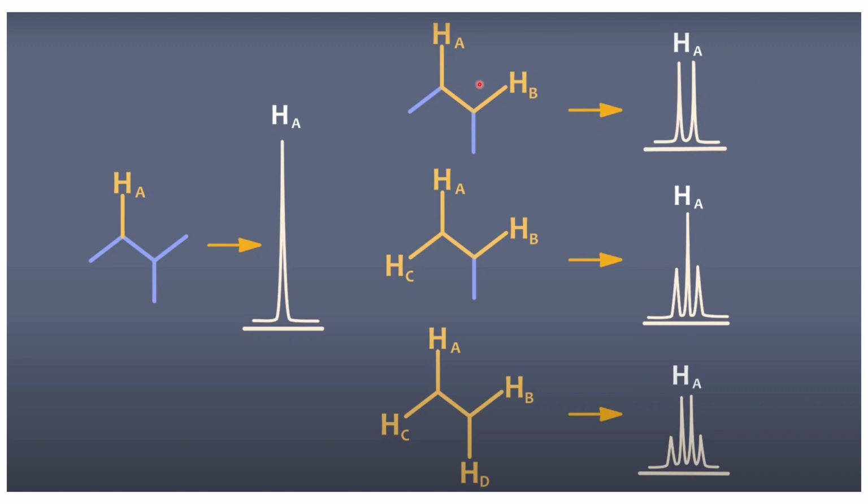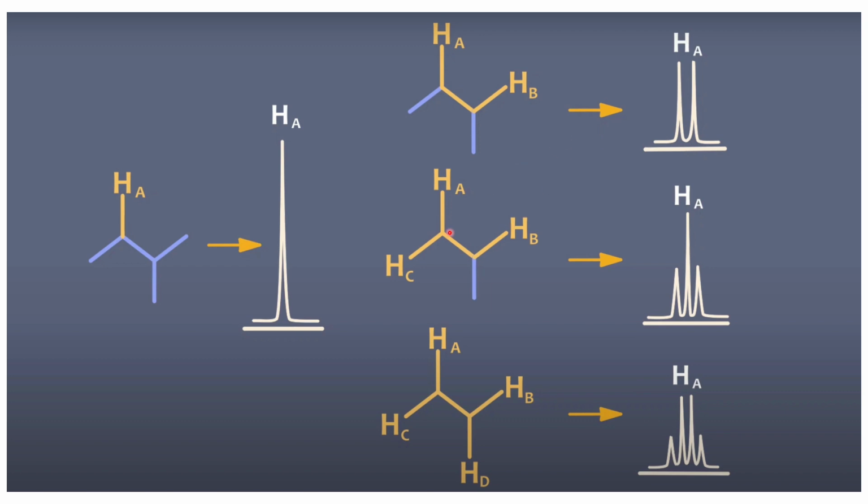For example, if a proton A has a neighbor proton B in a different electronic environment, proton A will be affected by its neighbor, and proton B will either be aligned up or down. Thus, proton A will be a doublet. Likewise, proton B will be split by proton A, and it will be a doublet as well.